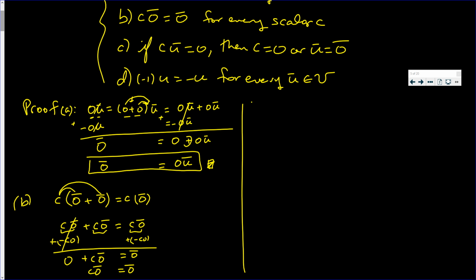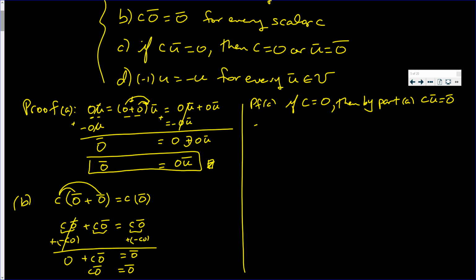So let us look at the proof for C. In my opinion, this is a bit more complicated. Okay, so if c is 0, then by part A, c times u is 0.